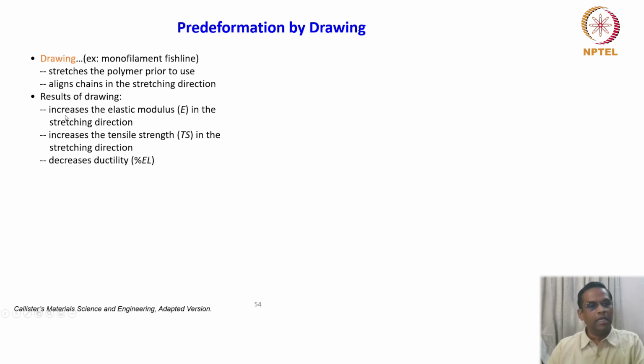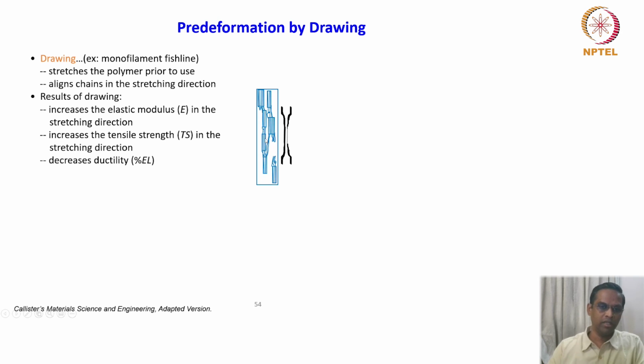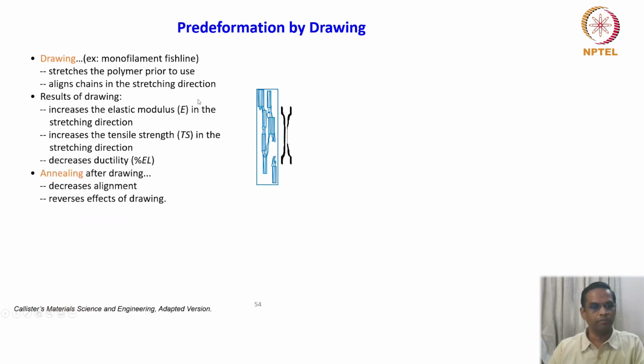Because this operation increases the elastic modulus in the stretching direction, increases the tensile strength in the stretching direction, and obviously it will reduce the ductility. This kind of configuration we have just seen at the point of fracture. This operation is called drawing. It is connected to the deformation.